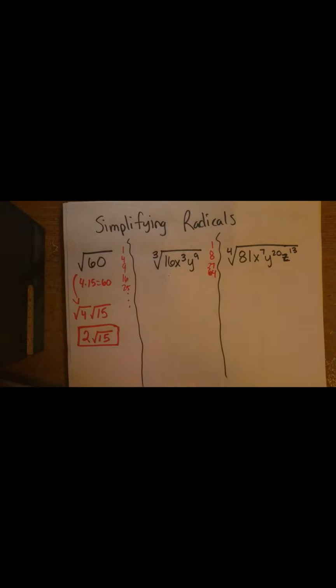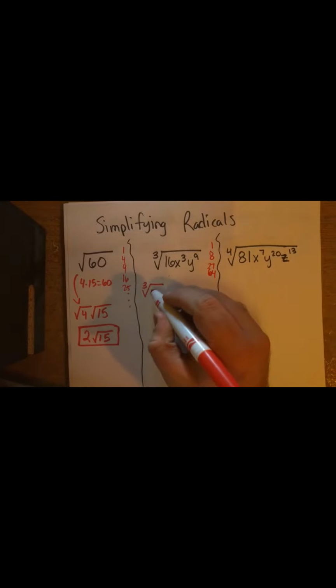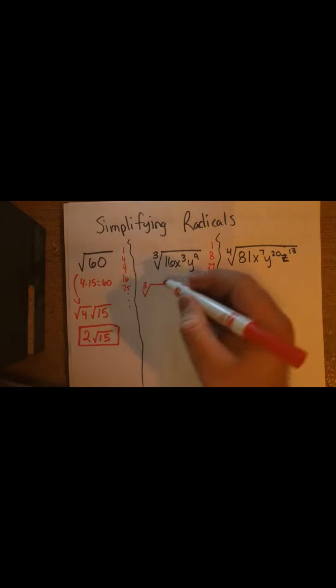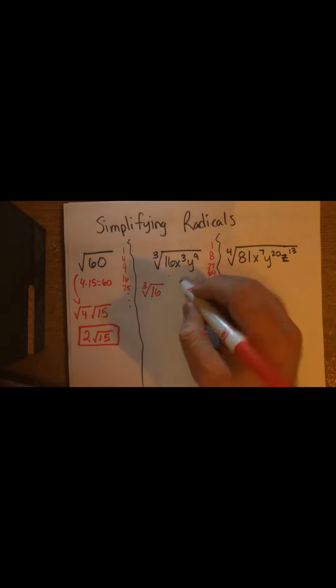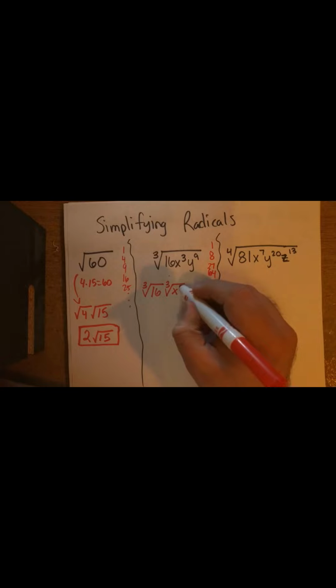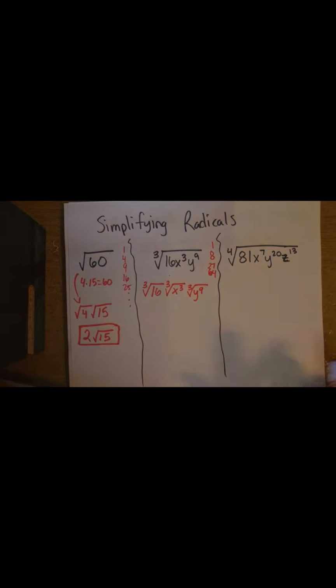That can go into 16, right? So what I'm going to do is, actually, we'll get back to that in a second. The first thing I want you to do is split up the 16, the x cubed, and the y to the 9 in their own cube roots.